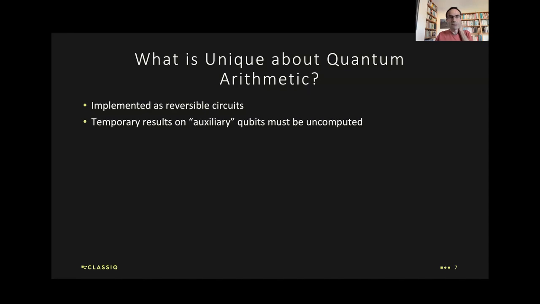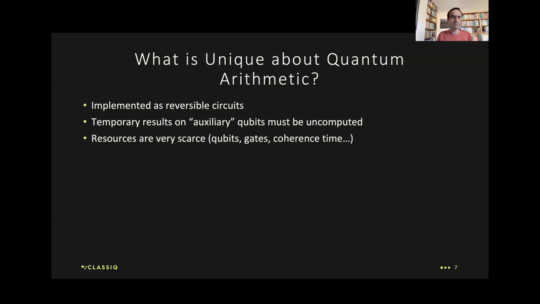Another consideration is that you can't just drop on the floor scratchpad variables or scratchpad qubits that you use. You need to carefully disentangle them from the results, and then ideally bring them back to the 0 state to be reused subsequently.